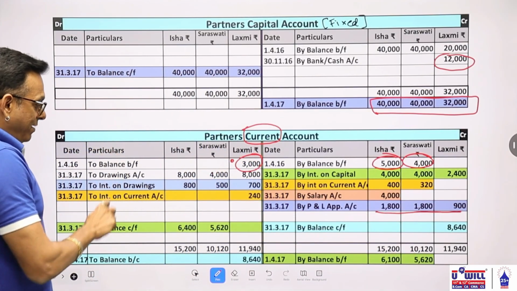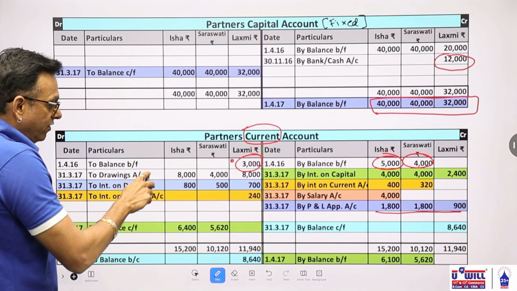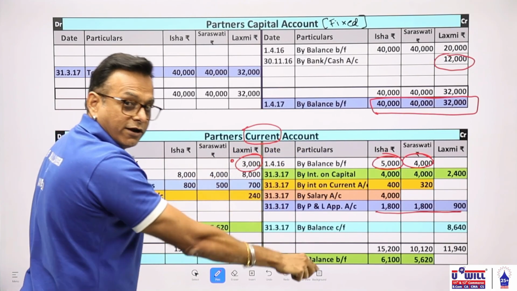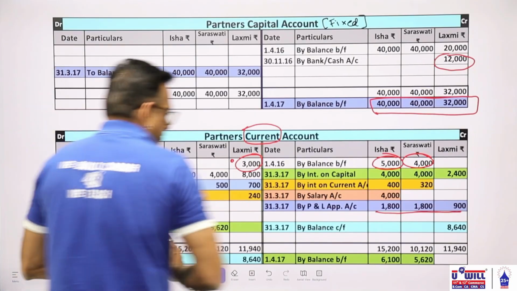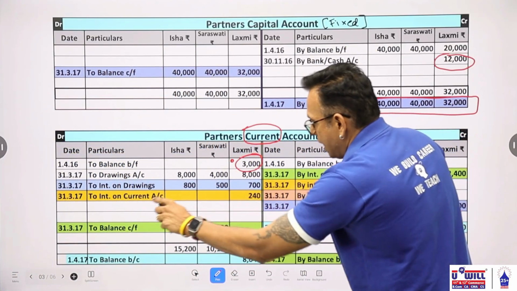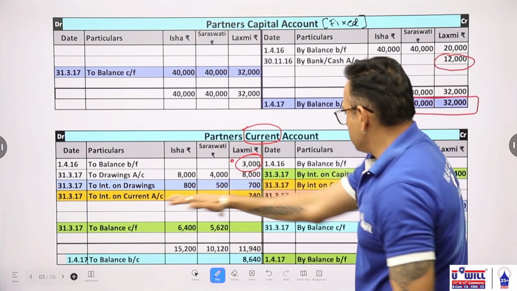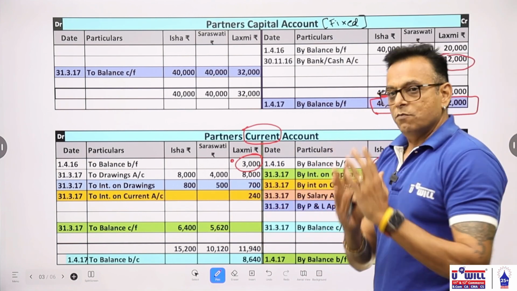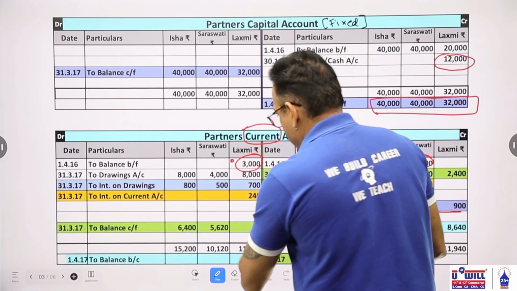On the debit side, we have drawings. This drawings is drawings out of this credit belonging to partners. Then interest on drawings and interest on current account. Interest on current account is not applicable to CBSE board students. This is for state board.